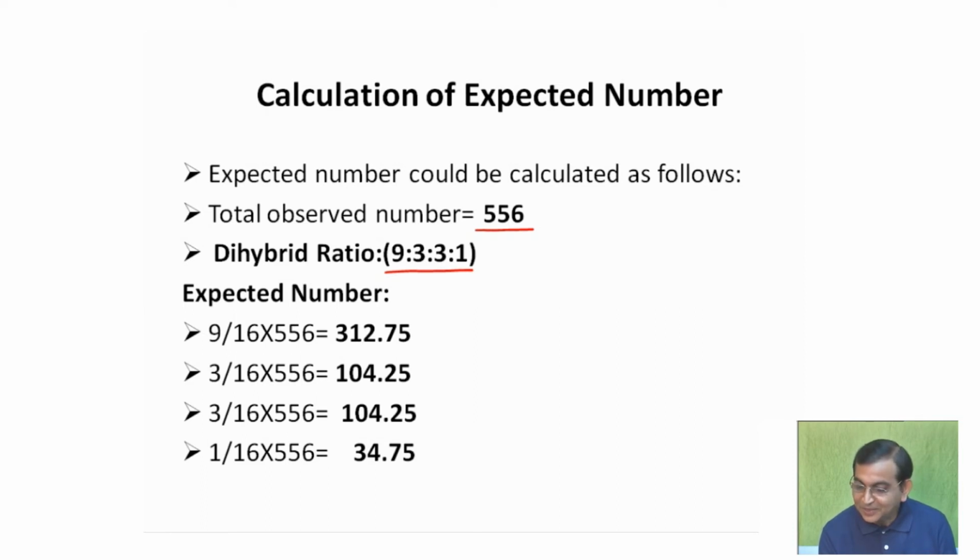The expected number can be calculated by multiplying the ratio, that is 9/16, 3/16, 3/16 and 1/16, each with the total observed number 556, and we obtained the expected numbers 312.75 or 313, 104.25, 104.25 and 34.75 or 35.